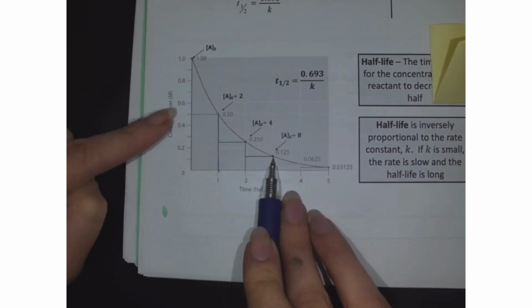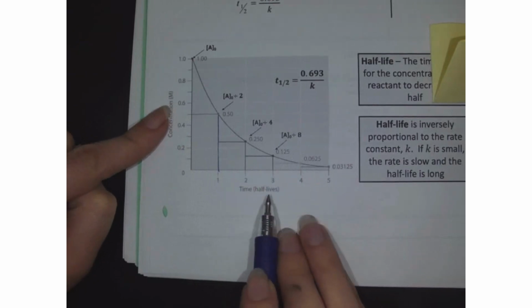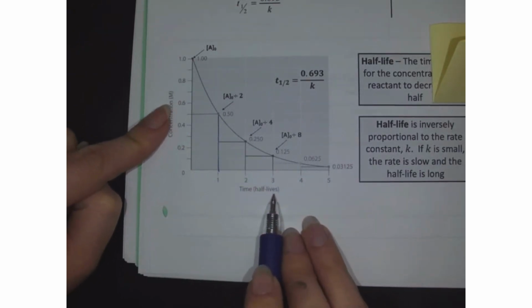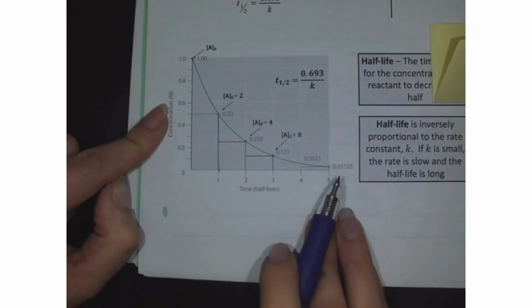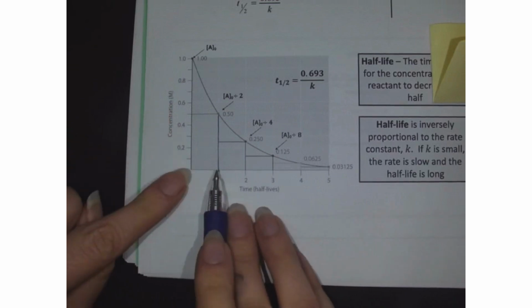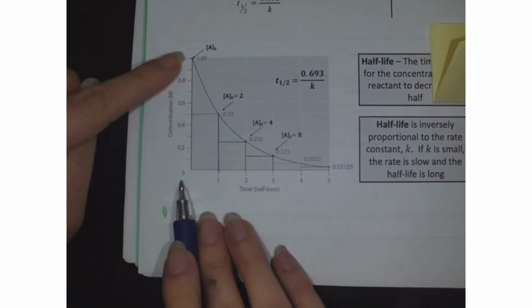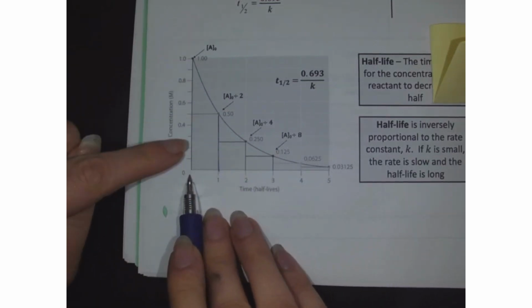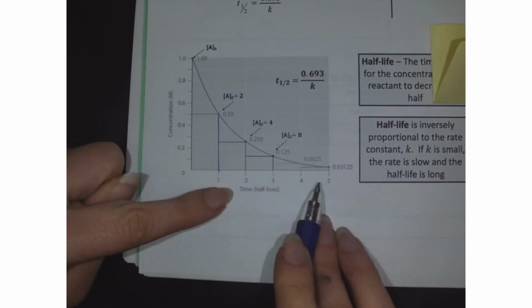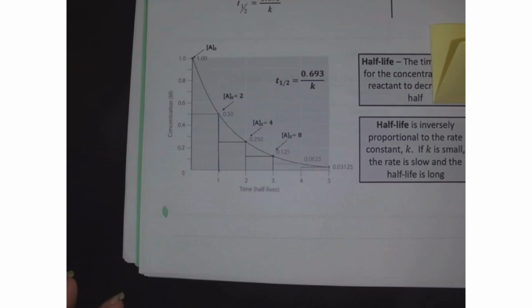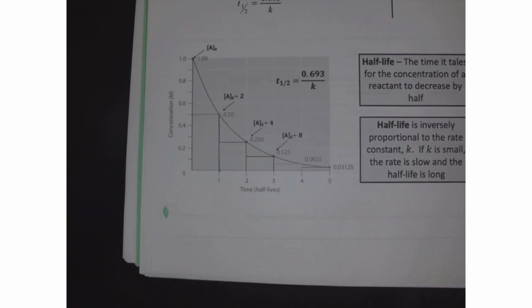So when it's a concentration versus time graph and it's first order, it is not linear. We get a curve. If the same amount of time passes and half of the material disappears with each chunk of time, then this is a first order reaction, and this is how radioactive decay works.